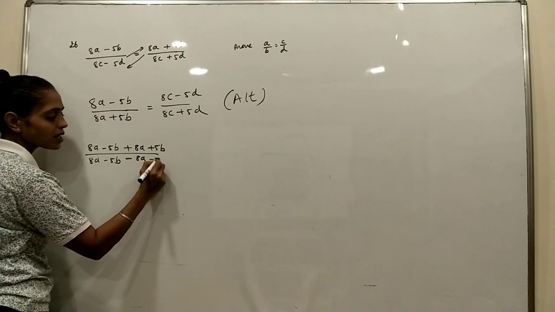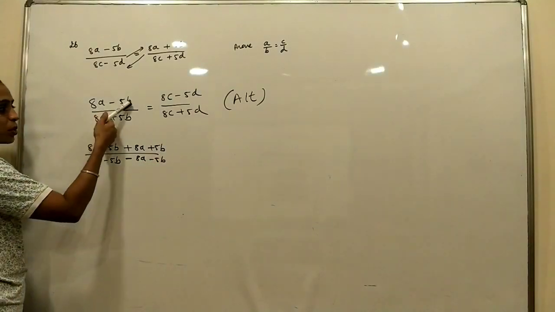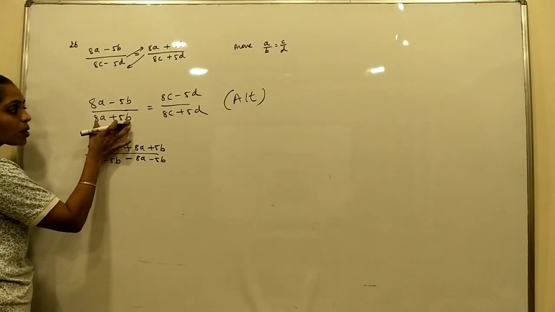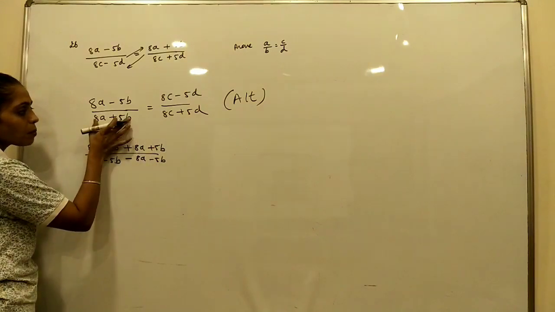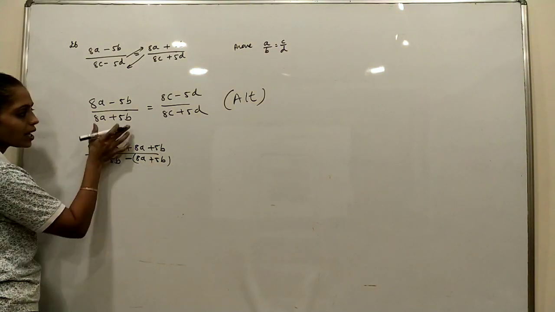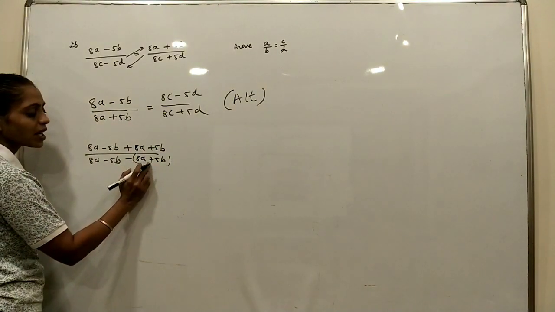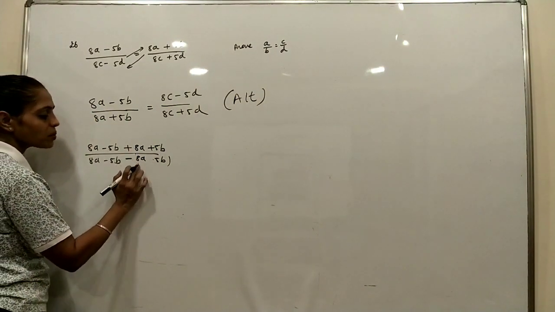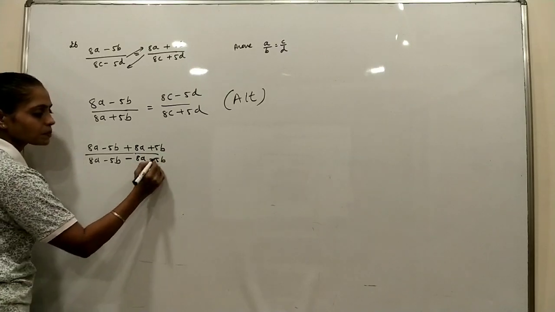Numerator plus denominator minus denominator. Minus denominator means the minus sign goes inside the bracket: minus 8a minus 5b.